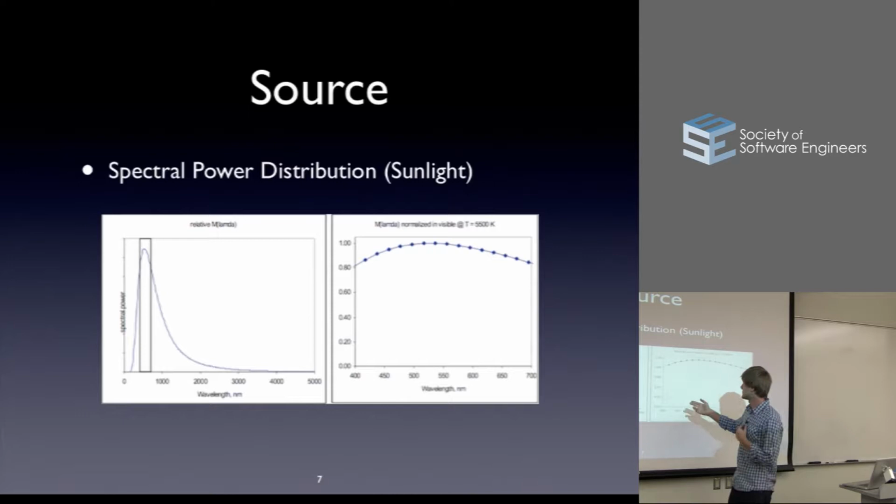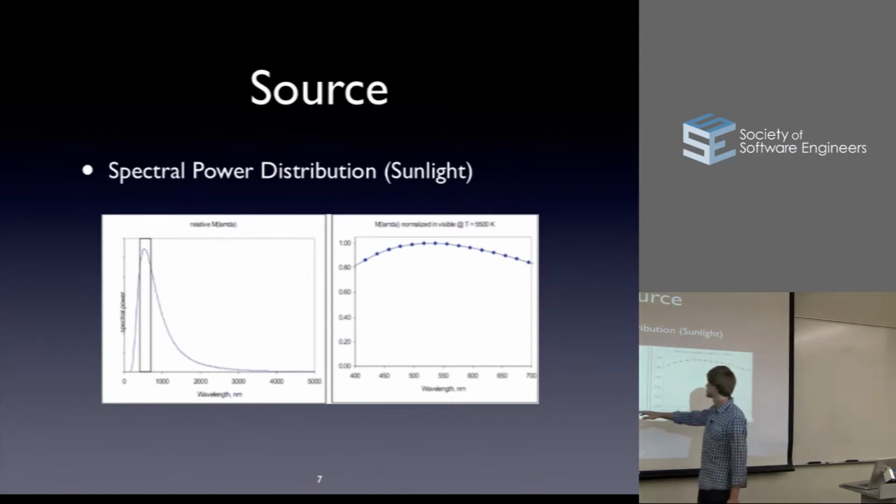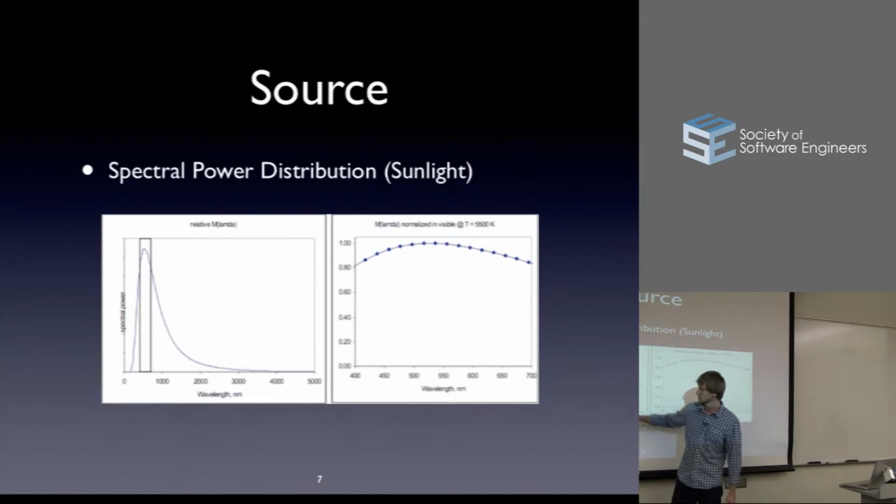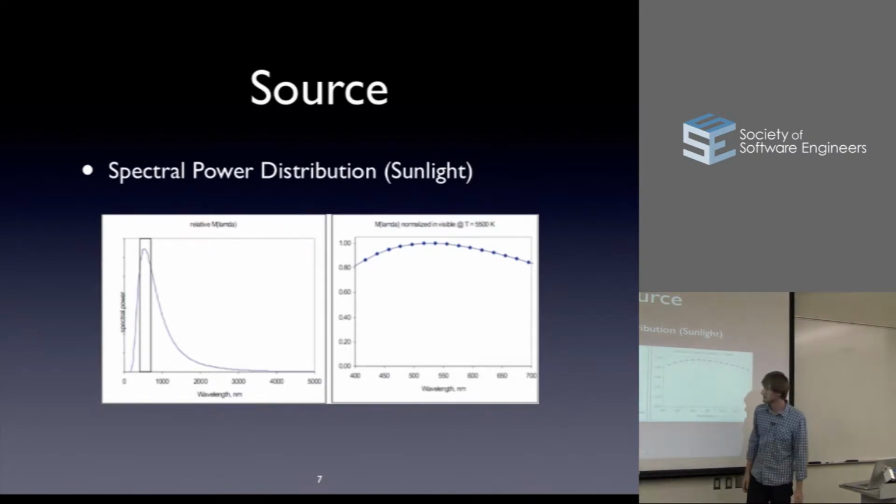This is what's called the spectral power distribution of our sun, which on the x-axis is wavelength, and on the y-axis is the power, or the relative output. It's normalized. We can see that our visible range, which is highlighted here, from 400 to 700, is very conveniently the peak distribution of our sun.